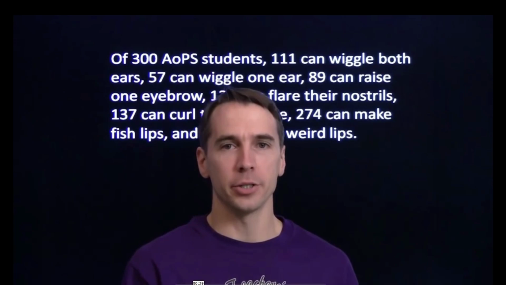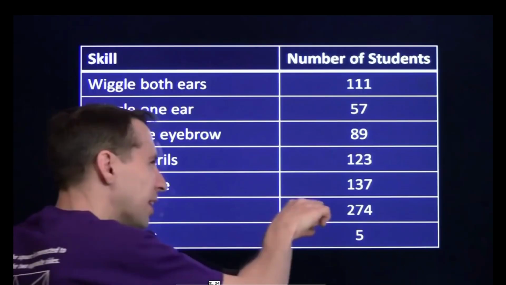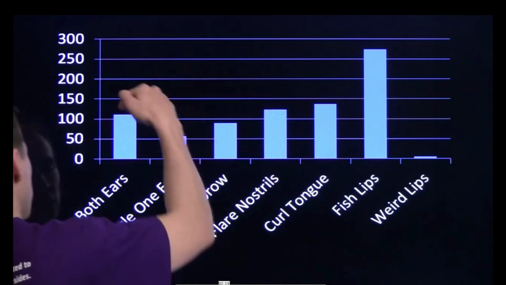But when the data is presented in a different way, like this, it makes it a little bit easier. Better still, if you represent that data on a chart like this, it makes it way easier to understand based on what you are looking for.